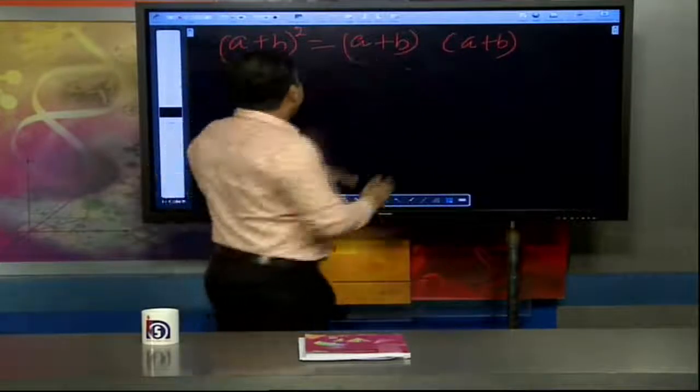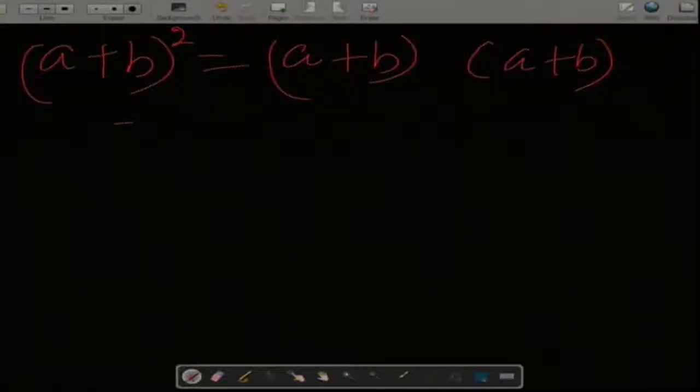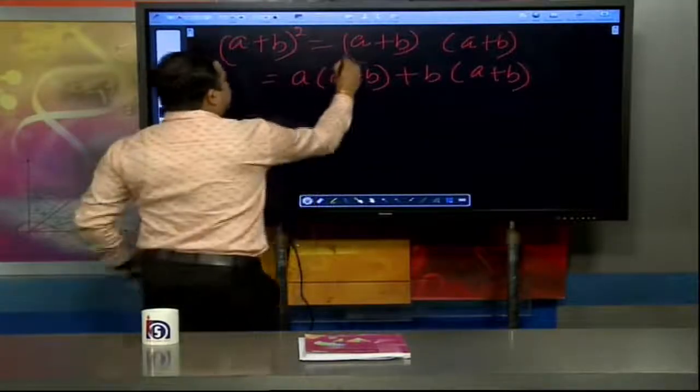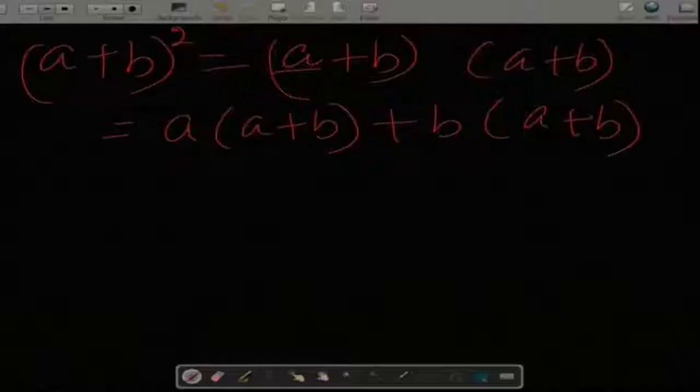Now I multiply: a into a plus b, plus b into a plus b. In the first part I have taken a into a plus b, and then b into a plus b.